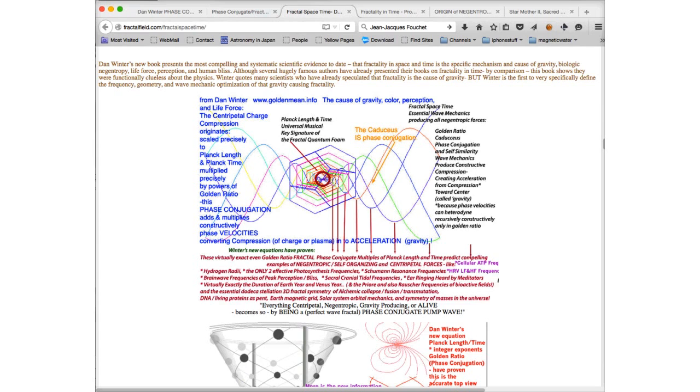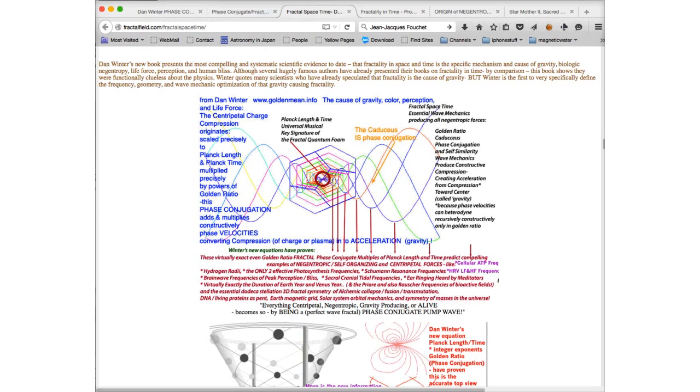You're supposed to imagine this red circle as the symbol for the Tao. And inside that red circle, when you make the symbol for the Tao, you draw a sine wave in the center of a circle. In this case, the length and time of that sine wave at the center of that circle is Planck length and time.